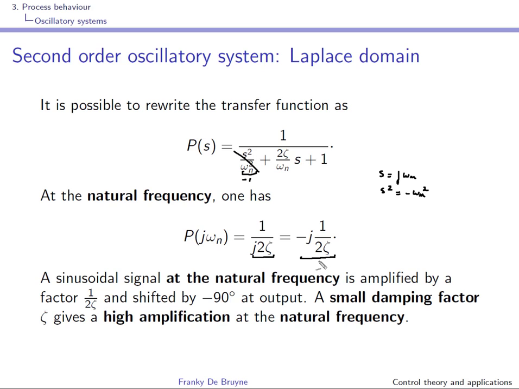So we will see here that a sinusoidal signal at this natural frequency will be amplified by this factor 1 over 2 zeta. So a small damping factor will result in a high amplification, right? But whatever the zeta, you can see that the phase shift is minus 90 degrees.